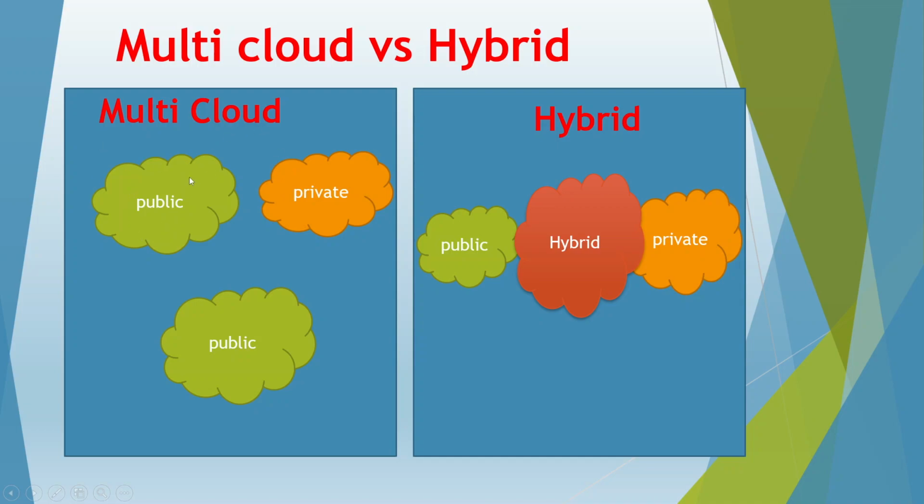But in the case of multi-cloud, there is no necessity of having a private cloud. You can have all three public clouds from three different cloud service providers, and then it is called multi-cloud. Having a private cloud as part of multi-cloud is not necessary, but having a private cloud as part of hybrid cloud is necessary, because that's what it means. We need to have the advantages coming from both private and public. So that is the difference between multi-cloud and hybrid cloud.